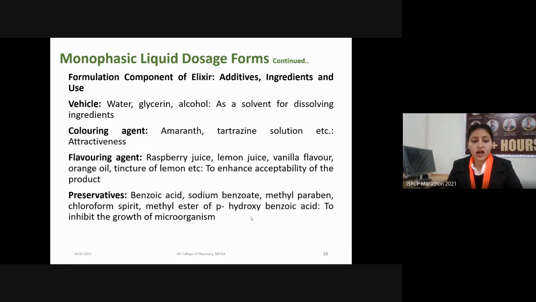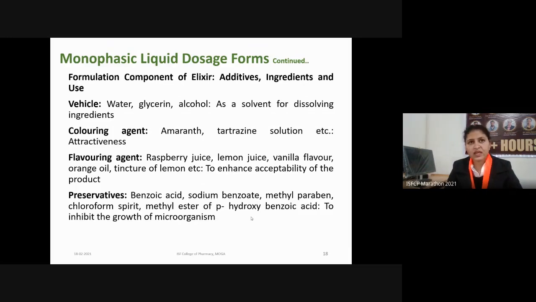After this, the next excipient that we need in the preparation of elixirs is preservatives. Benzoic acid, sodium benzoate, methyl paraben, chloroform spirit, and methyl ester of para-hydroxybenzoic acid are a few examples of the preservatives that we can use in the preparation of elixirs.